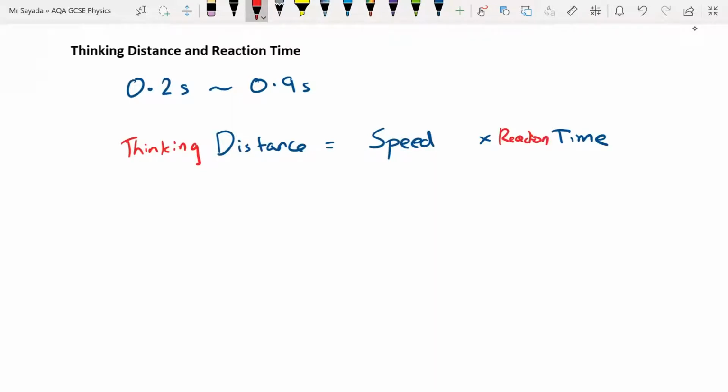The thinking distance is the distance you travel during the time it takes you to actually put your foot on the brake. The time between noticing the traffic light's gone red and putting your foot on the brake is called the reaction time. So let's look at a couple of examples of that.